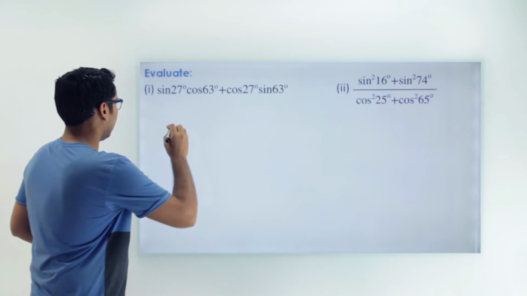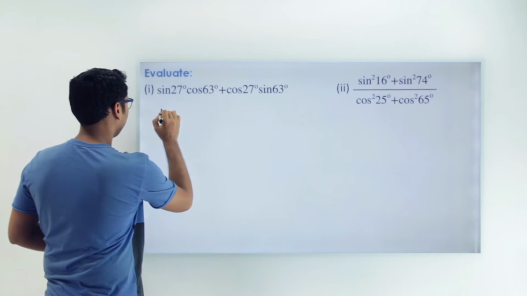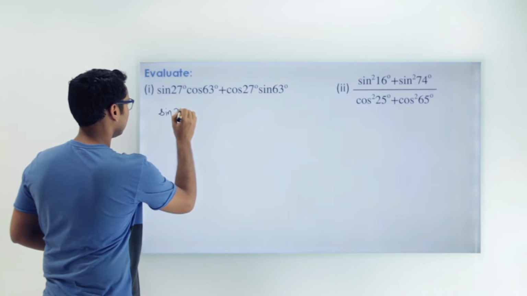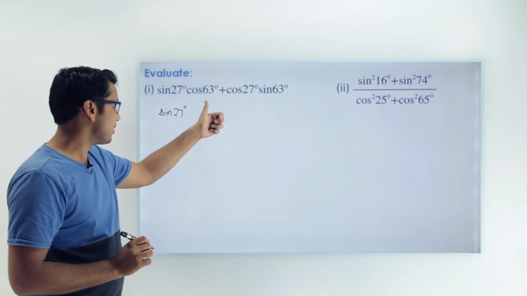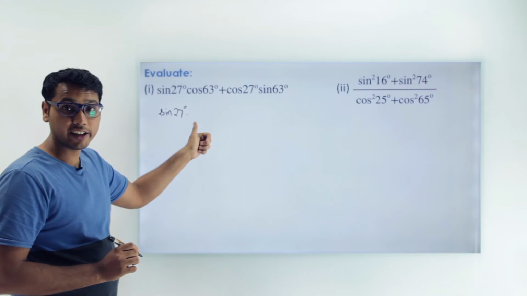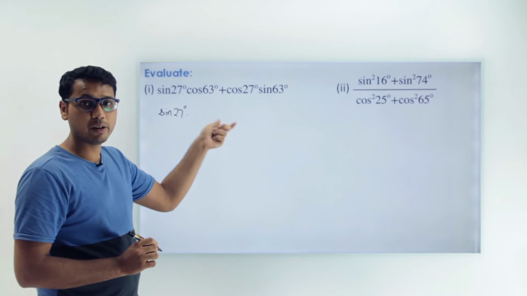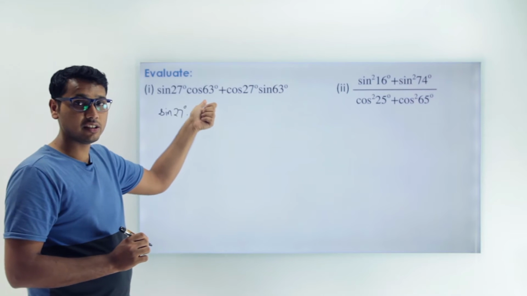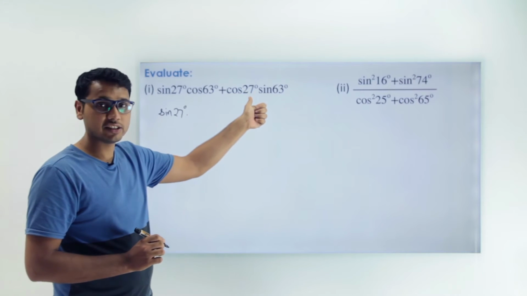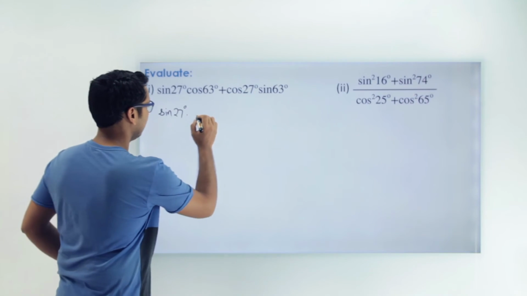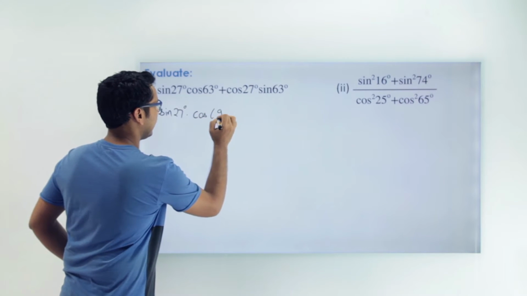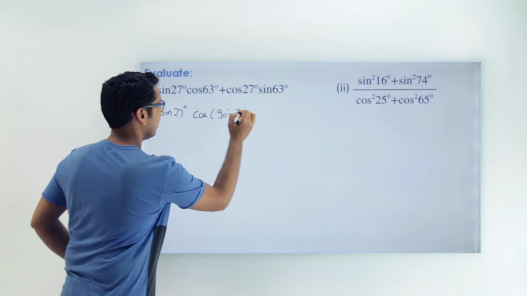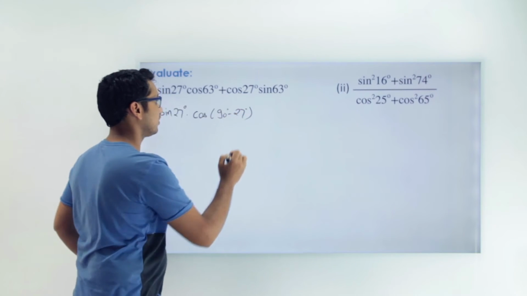This is sine of 27 degrees into cos 63, which can be written as cos of 90 degrees minus its complementary angle, and its complementary angle is 27. So we write cos of 90 degrees minus 27 degrees.